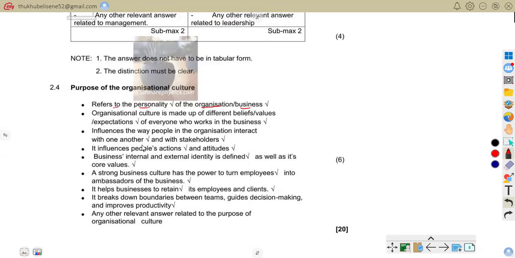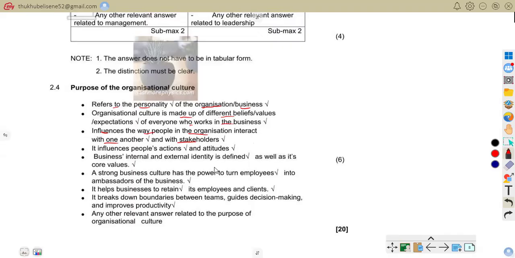So that is that. Organizational culture is made up of different beliefs, values, and expectations of everyone who works in the business. So it consists of shared beliefs, values, and expectations. For example, employees value punctuality and professionalism.